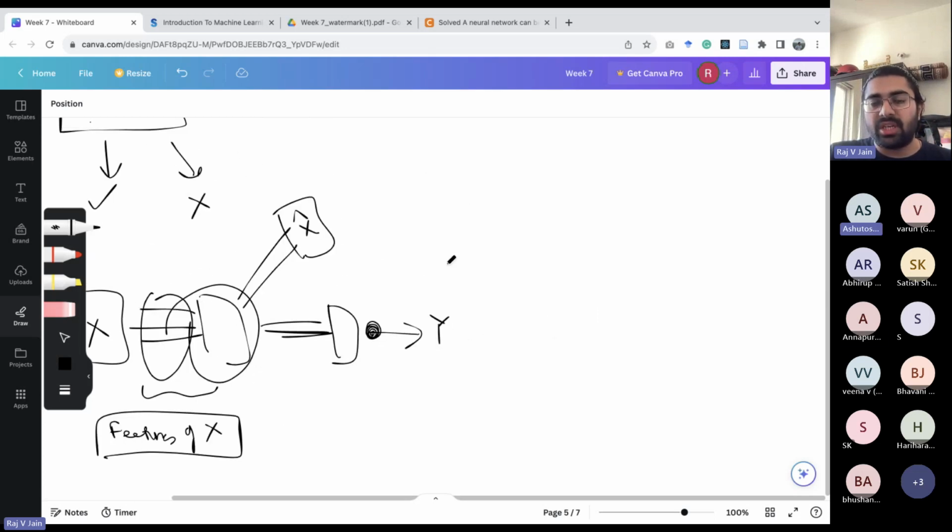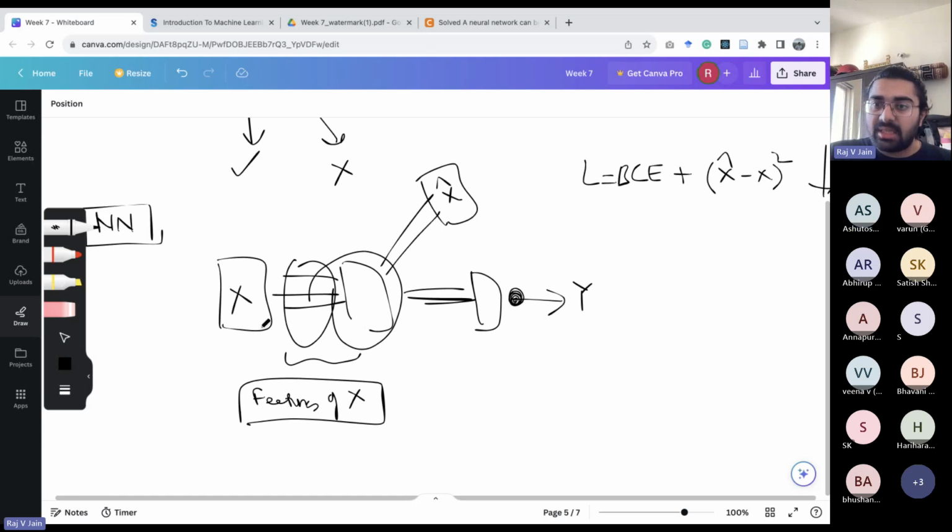So in such cases, the loss is generally your cross entropy loss, let's say a binary cross entropy loss, plus the autoencoding loss. You say X hat minus X should be small. So you try to minimize this objective. In those cases, it helps.